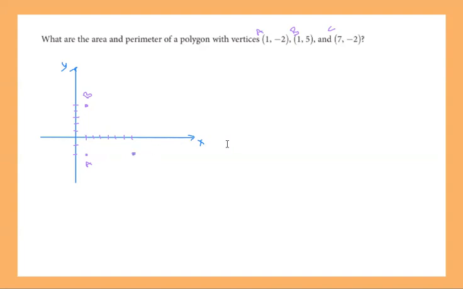This is actually nice because the y coordinates of A and C are the same, meaning they are on the same horizontal line. So if I connect these two, which is one side of the triangle, that will be a horizontal segment.